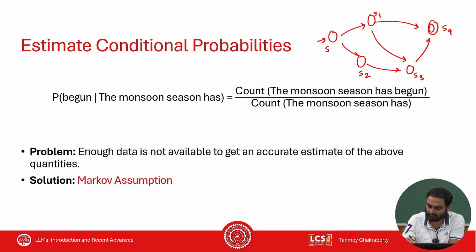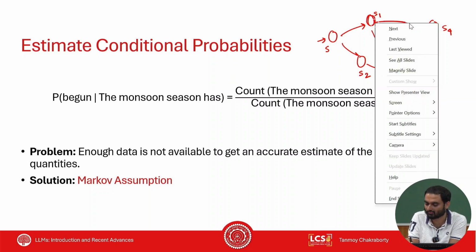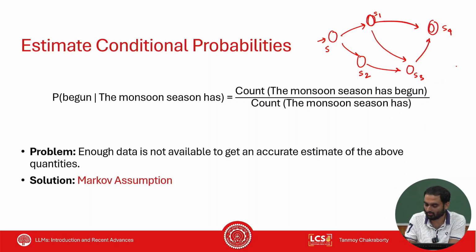And let's say you are at this state, and you are confused whether you want to move in this direction, or this direction, or through this direction. Okay, so the best option is that you look at all the states that you have traversed so far, right, and then you make a decision, right? But storing the entire sequence of previous states that you have already encountered would be computationally expensive, because you have to store everything, right? So here you make some assumption.